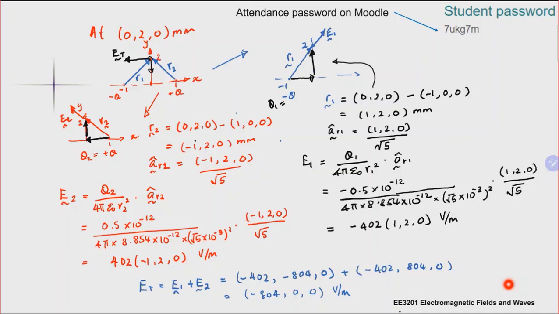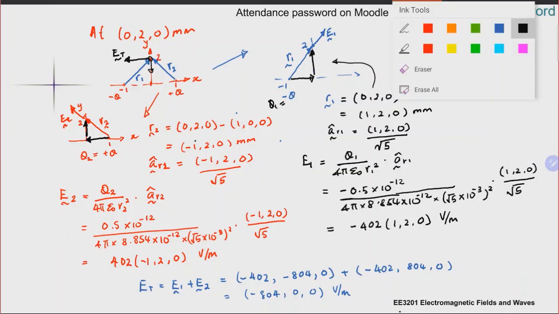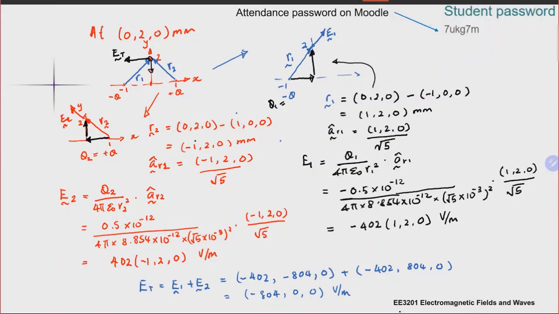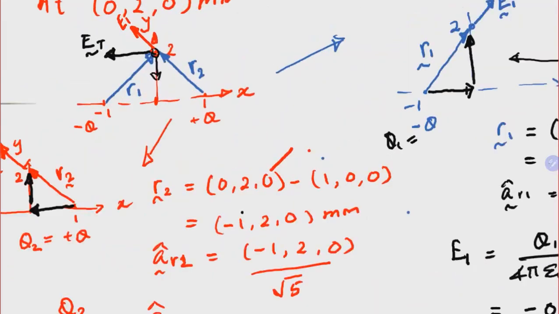So intuitively, we can look at the diagram that we have there. So we know that this is positive charge. So the electric field is pointing away. So this is now E1. And this is negative charge.